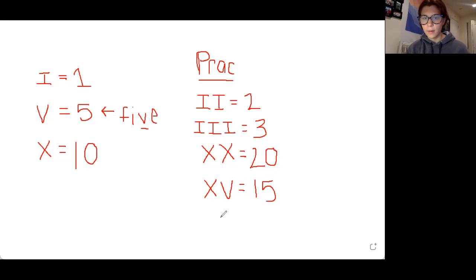And then let's say we had X followed by an I. Since the I is to the right, we add it. So it would be 10 plus 1, which gives us 11.